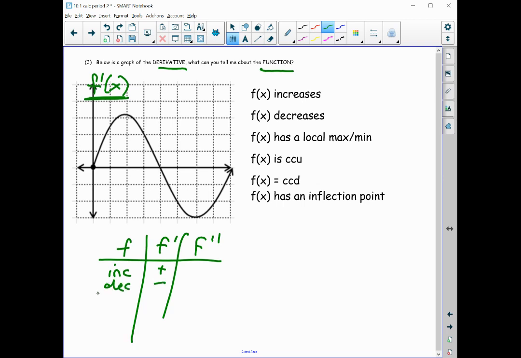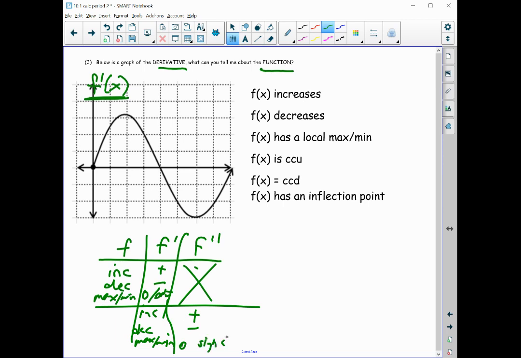So you can see how fast I can make this chart. And that helps me organize it.